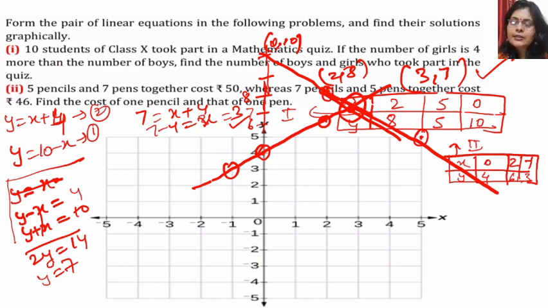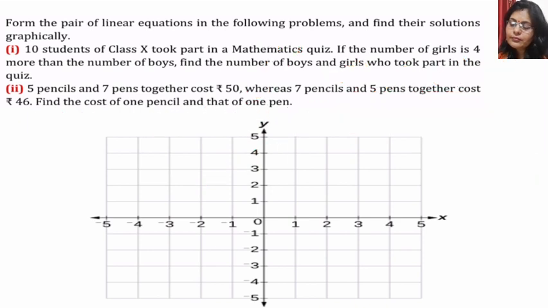The second part says, five pencils and 7 pens together cost rupees 50, whereas 7 pencils and 5 pens together cost rupees 46. So now again the same thing, we have to make the equation.